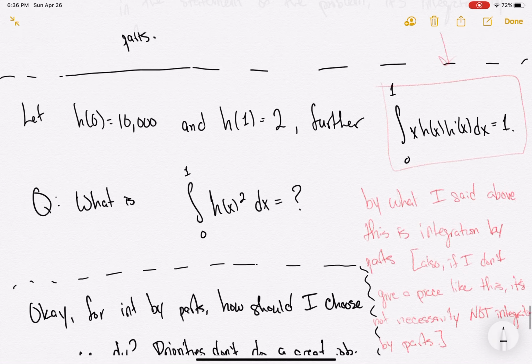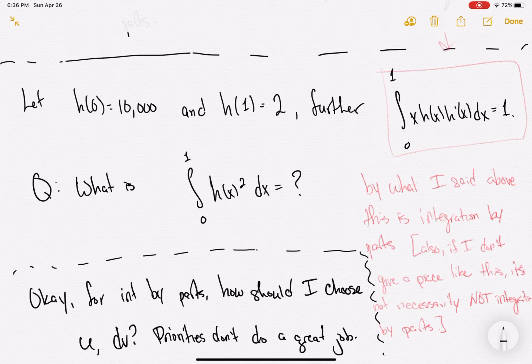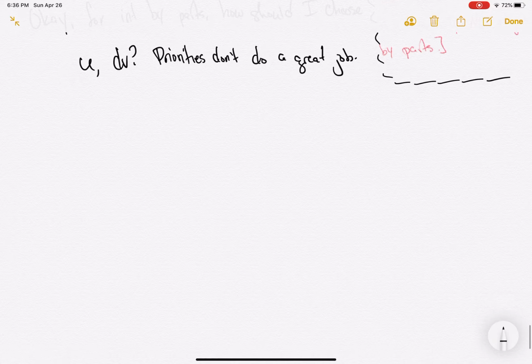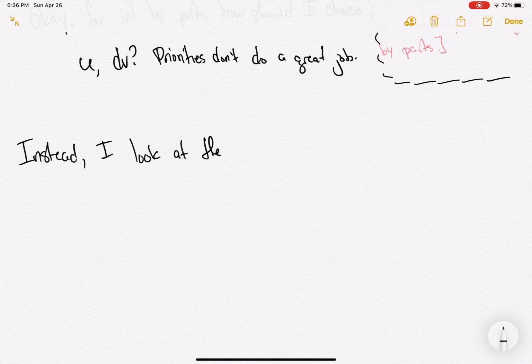You could go through them if you want. What I'm going to look at instead is this piece, x, h prime of x, h of x, dx, 0 to 1.